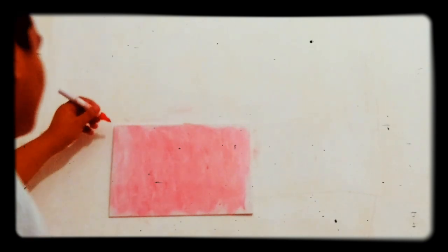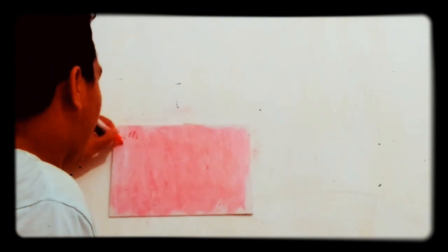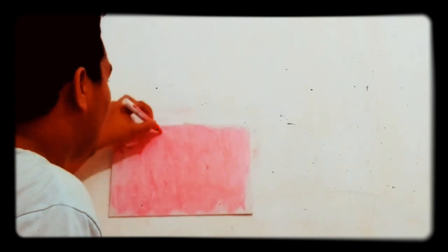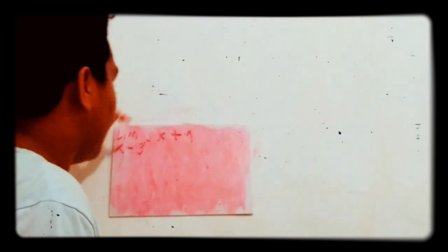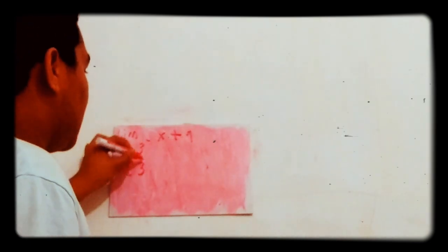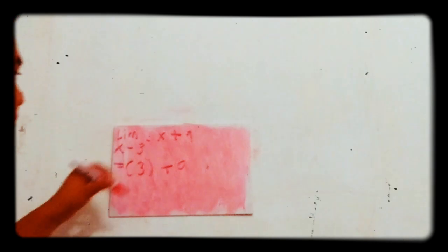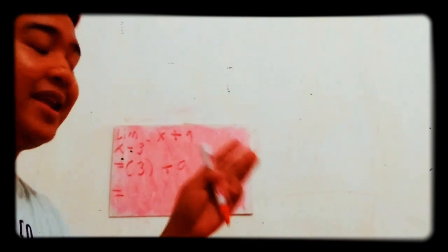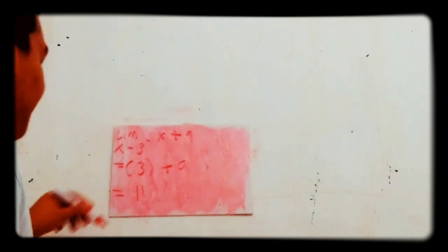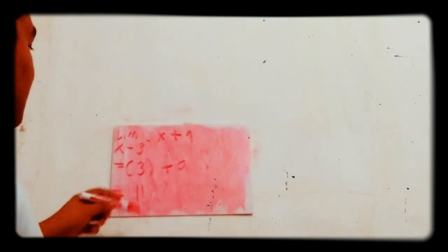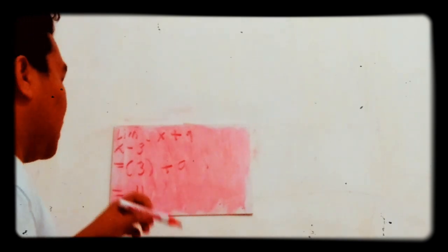So we got limit x approaches 3 negative of x plus 9, is equal to, substituting 3 for x, 3 plus 9, which is 12.